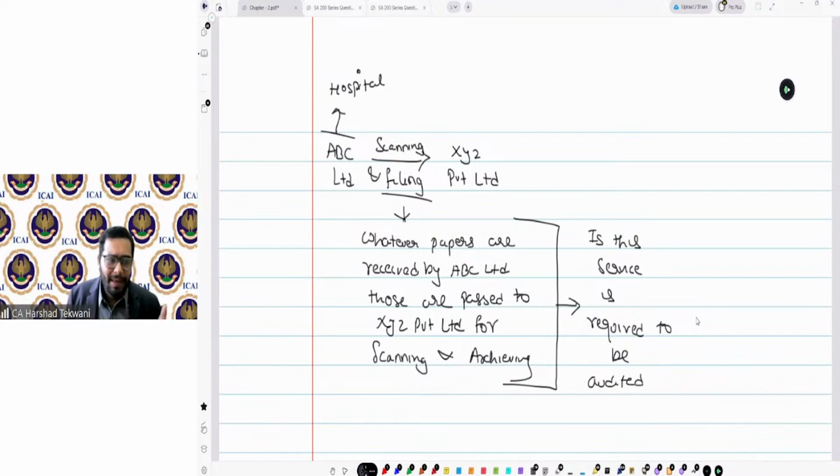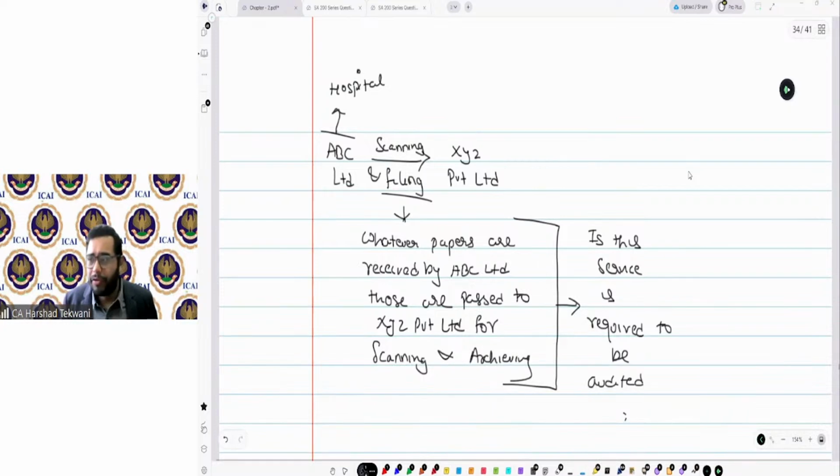Is this particular area of the service required to be audited, or something you should focus upon, a high risk area or low risk area, something like that, scanning and filing? If I ask you how much risk is there in the scanning and filing process, what will you say, what will be your answer on that?